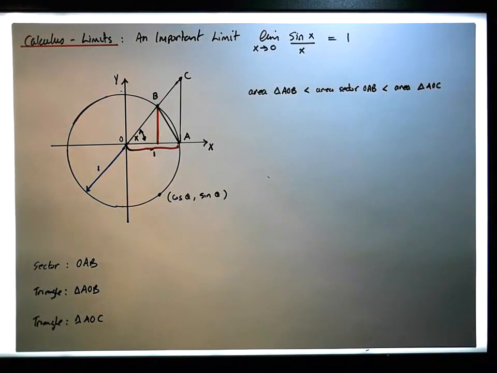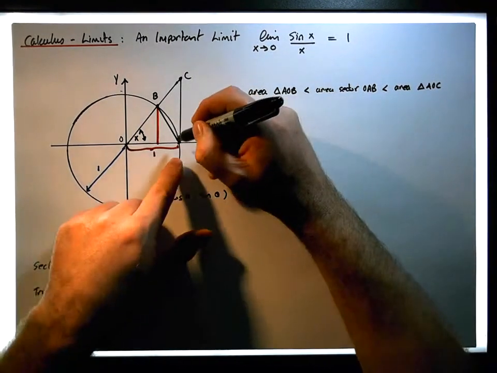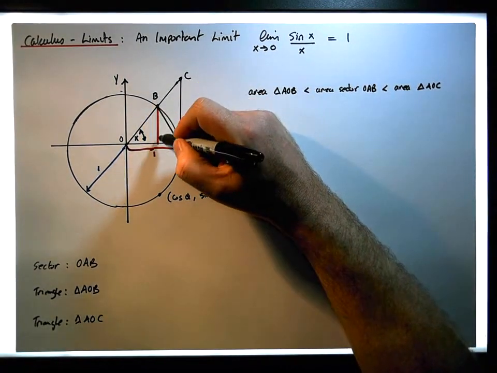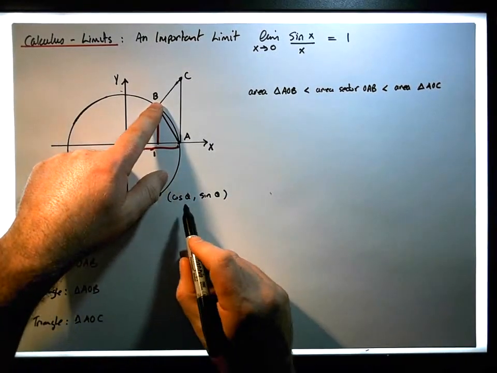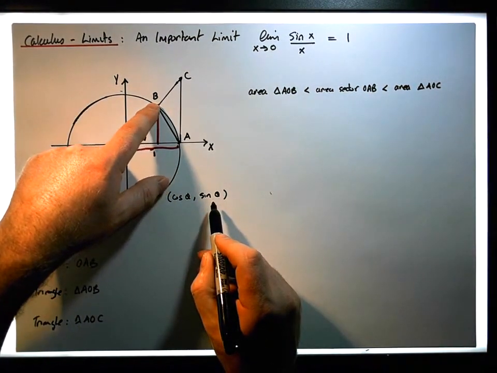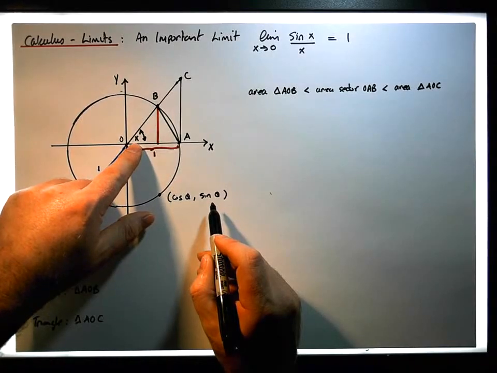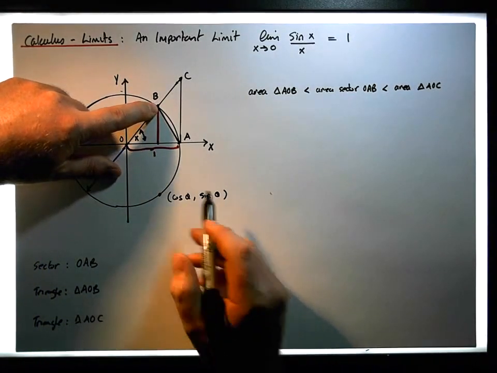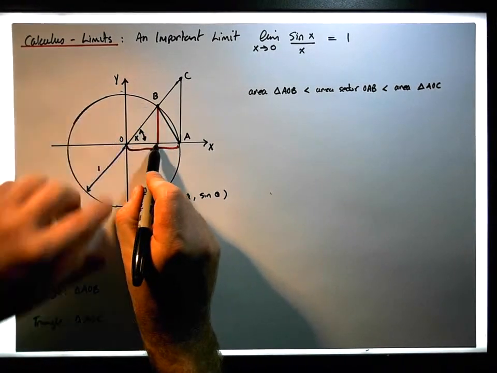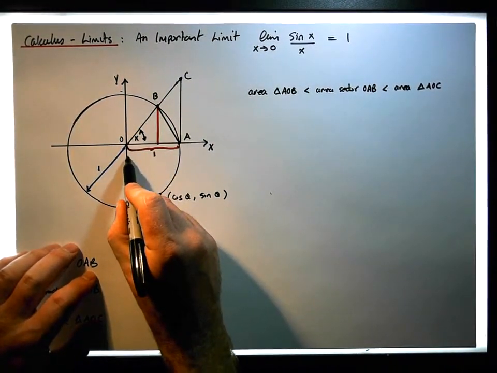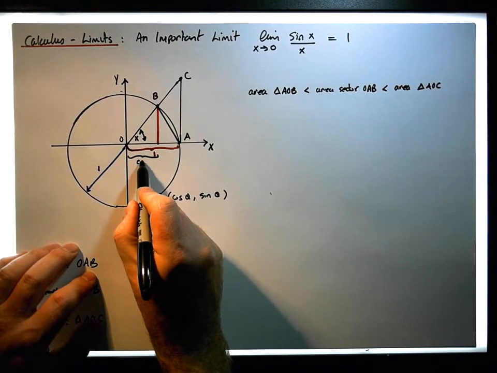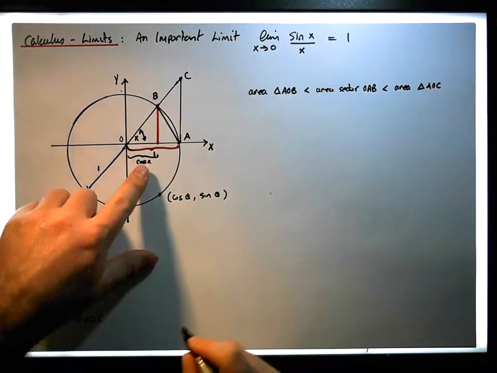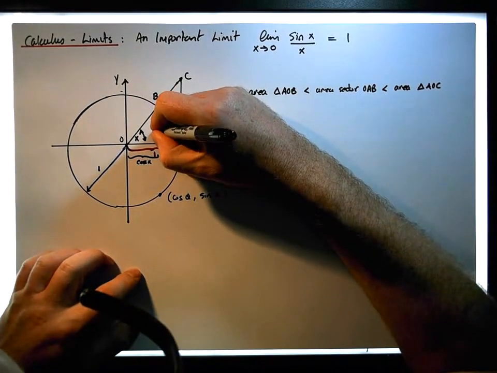So this point B has cosine and sine coordinates relative to x: cos x, sine x. Its x coordinate, from here across, would be cos x, and its vertical height would be sine x.